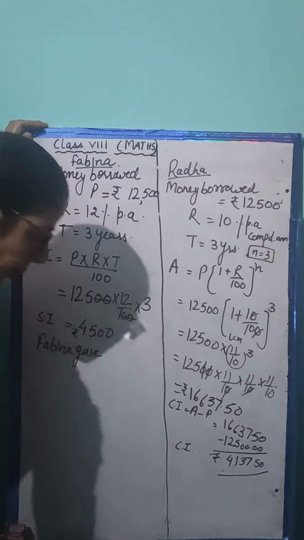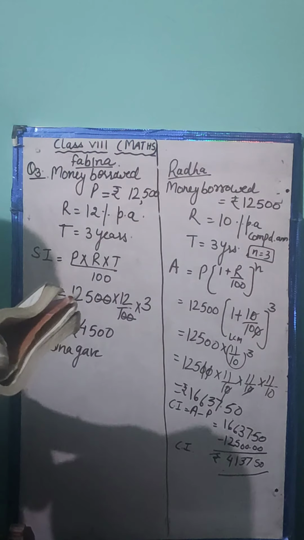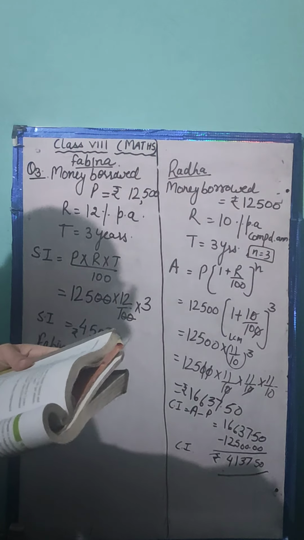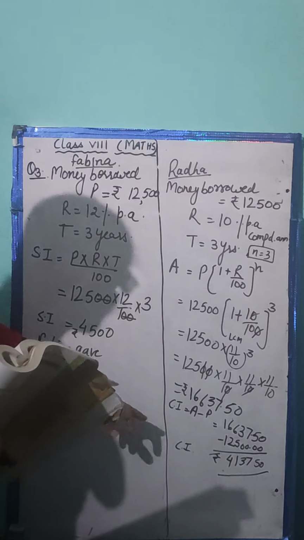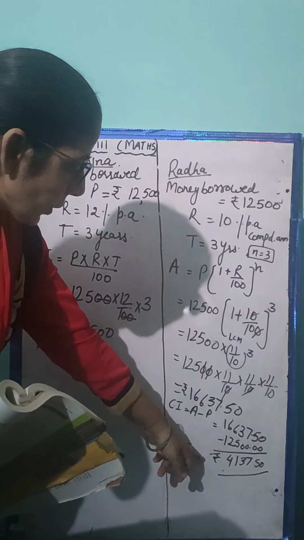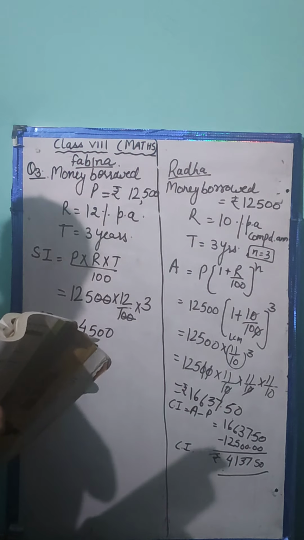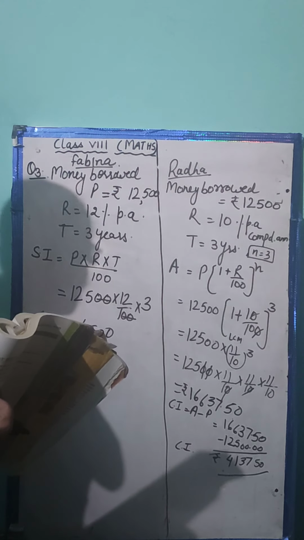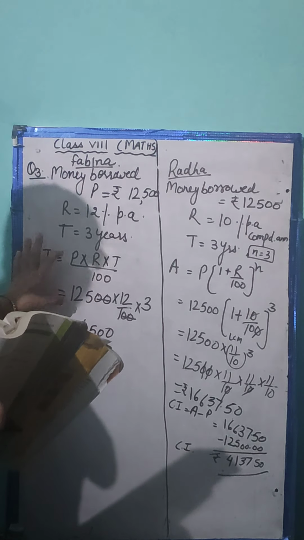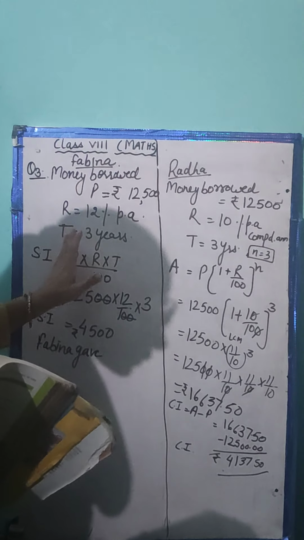Now it is asked in the question: who pays more interest and by how much? Who is paying? This time the interest is 4,137 and here the interest is 4,500. Although it is simple interest, it is more.